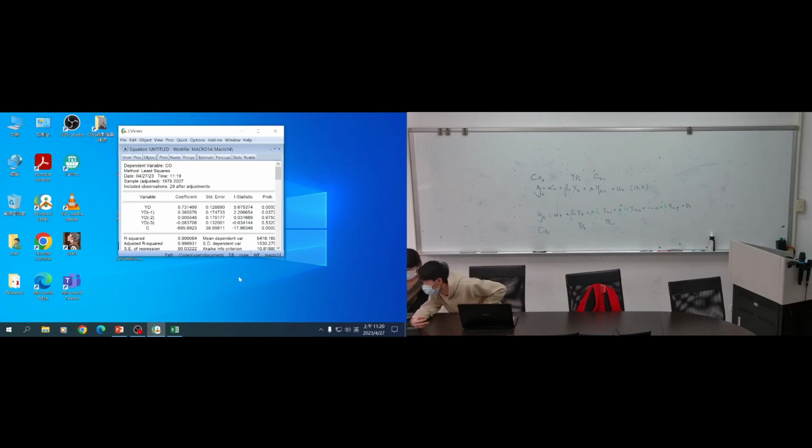There are empty values with Excel. If we're having errors with the computation, there are blank values. Look at this one. How many observations do I have? Since I have YD minus 3, originally how many observations do I have? 33.